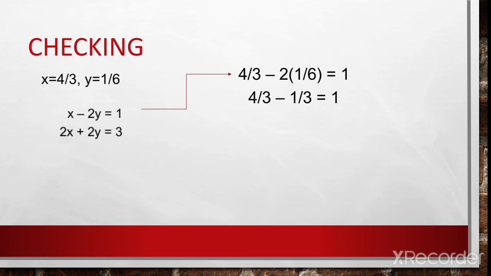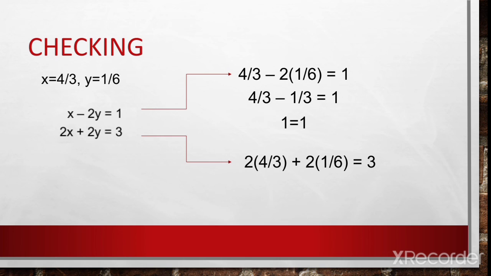Since 4 thirds and 1 third have the same denominator, just subtract directly. So 4 thirds minus 1 third is equal to 3 over 3, which is 1. So 1 is equal to 1. This means that the solution set we have from solving the 2 by 2 matrix using Cramer's rule is correct for our first equation. How about the second equation?